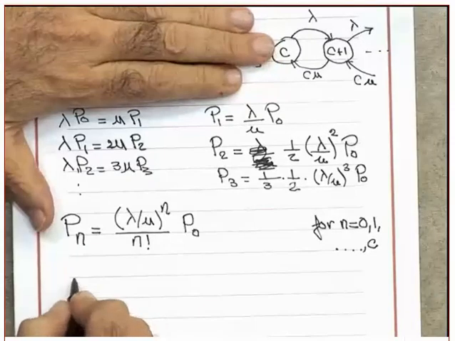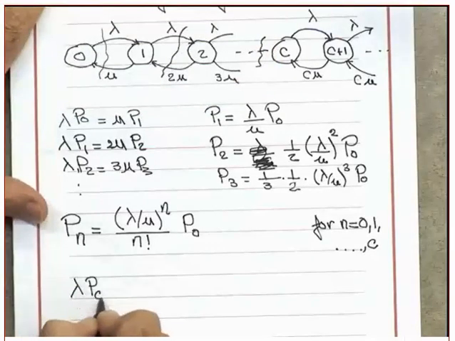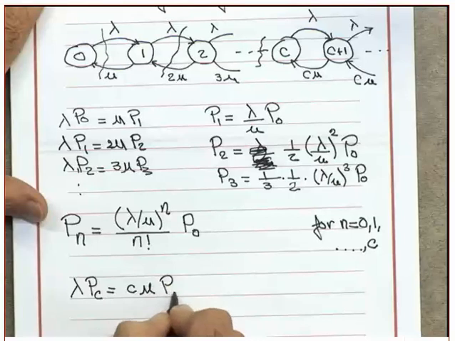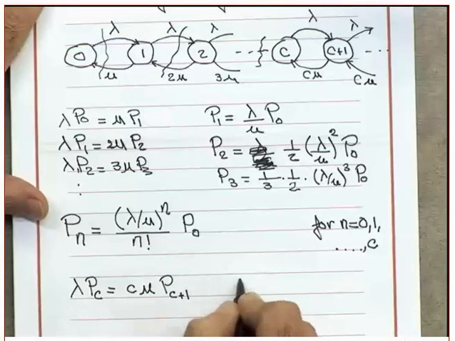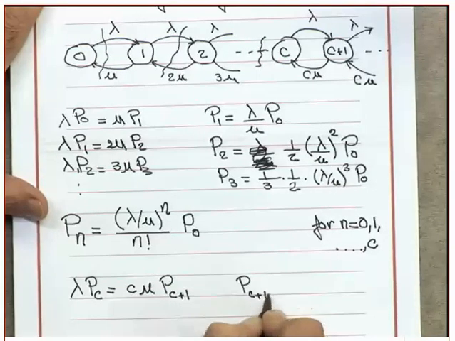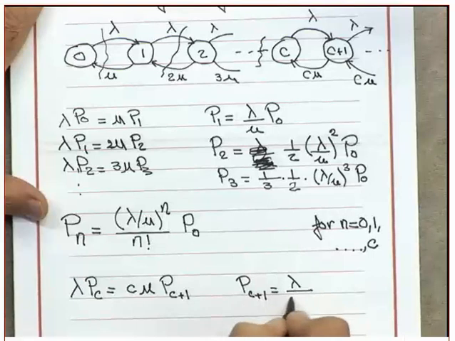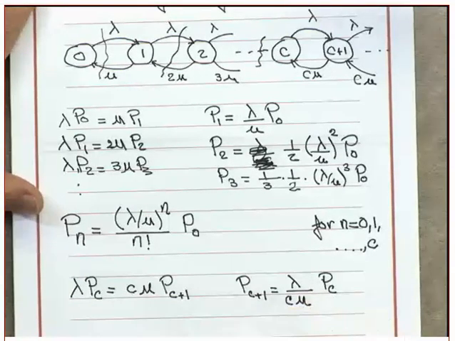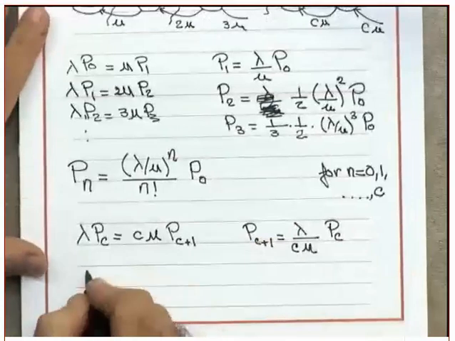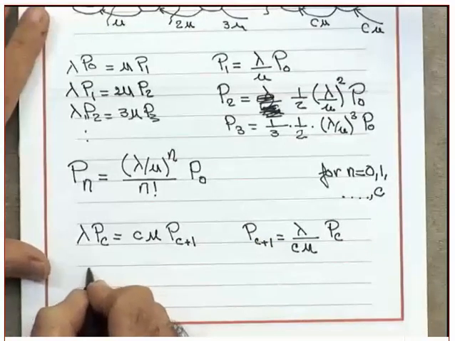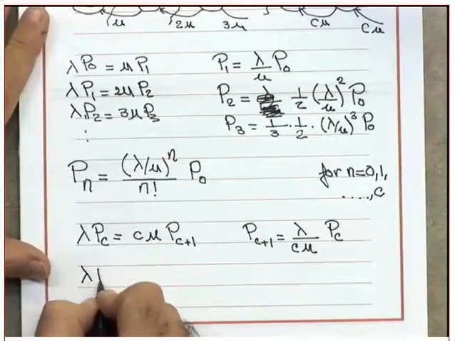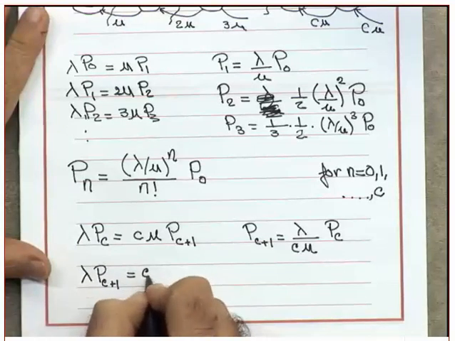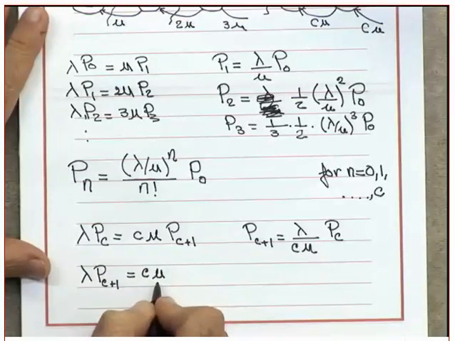Continue. Lambda PC equals C mu times PC plus 1, which means PC plus 1 equals lambda over C mu times PC. Clear? Give me the next one. Lambda PC plus 1 equals C mu, same thing, C mu, times PC plus 2.